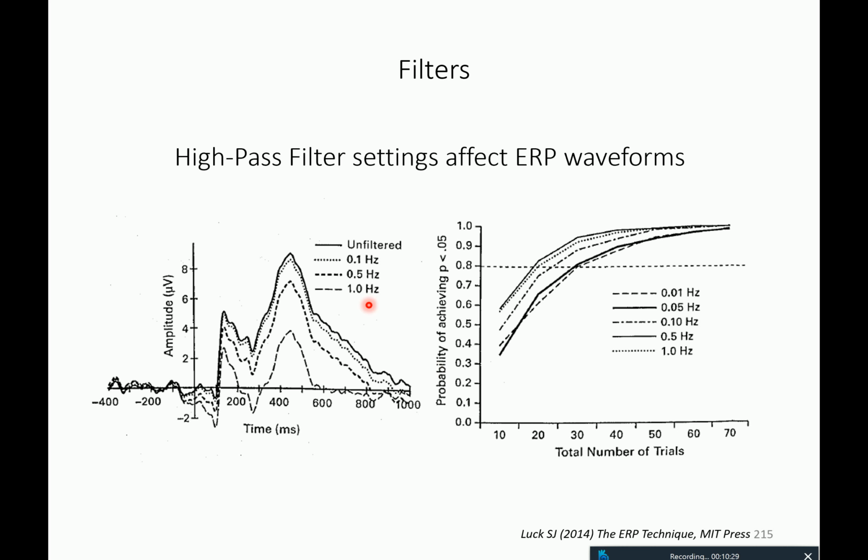Luck in his book made a conclusion from this: as the number of trials increases, the differences between the different forms of high-pass filtering actually disappear, or get smaller, let's say.